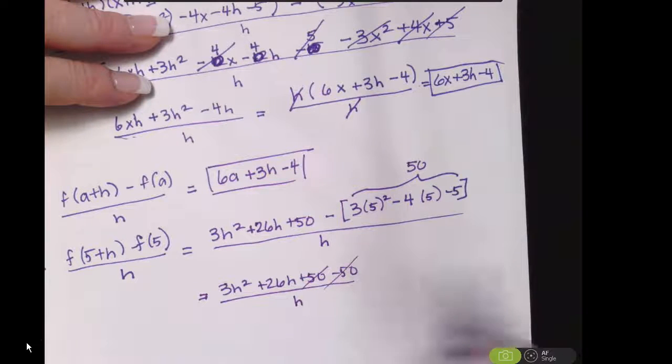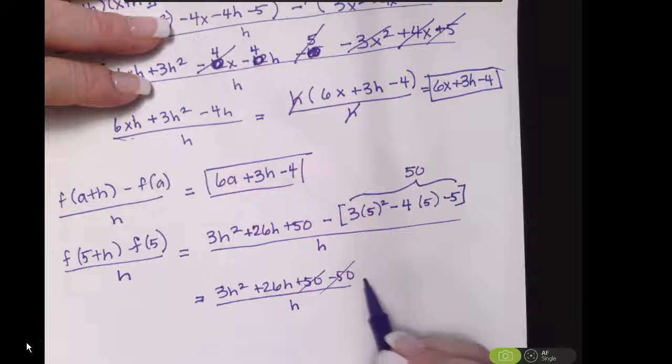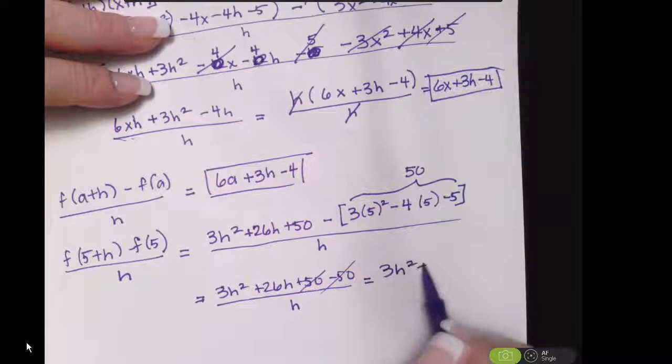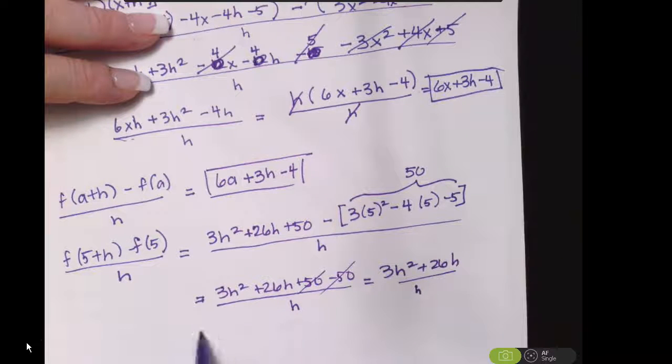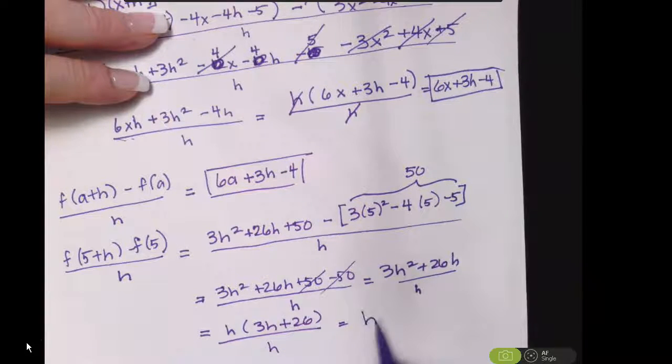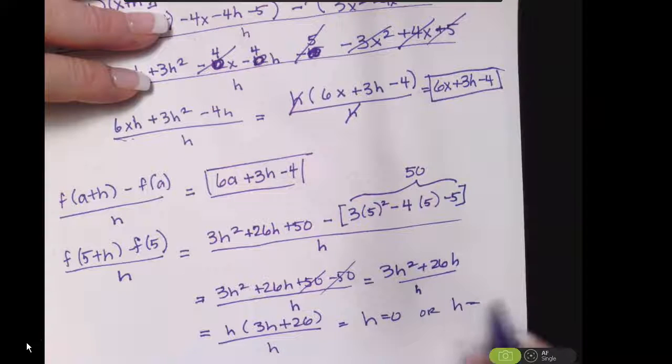So these guys cancel out and equal 0. So 3h squared plus 26h over h. So I'm going to factor out an h. And I get h equals 0, or h equals negative 26 thirds.